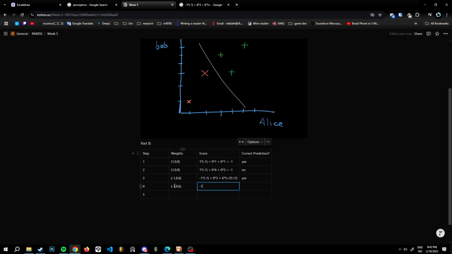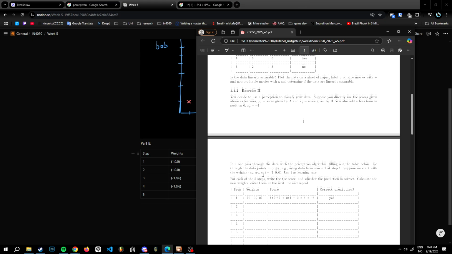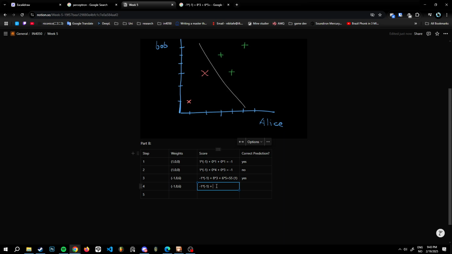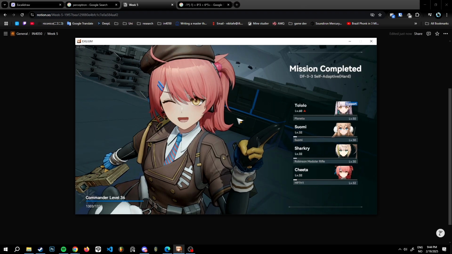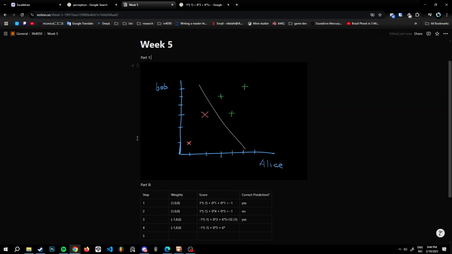-1, the weight, this weight, times the bias, plus 5, because now we're moving on to step 4. Yep, this is the 4th step. So now we're gonna have 8 times 5 plus 6 times what Bob guessed, which is 6.